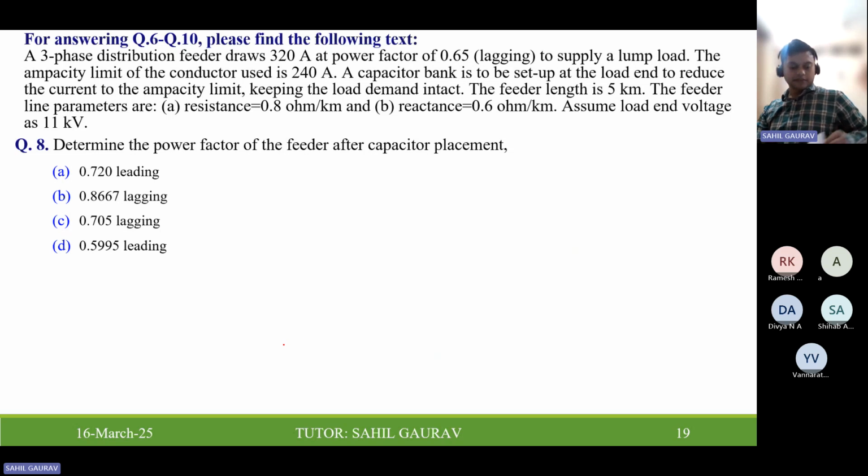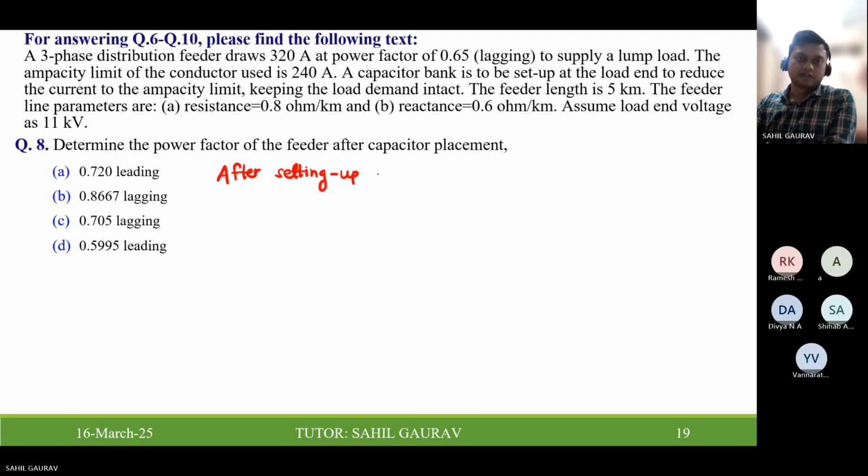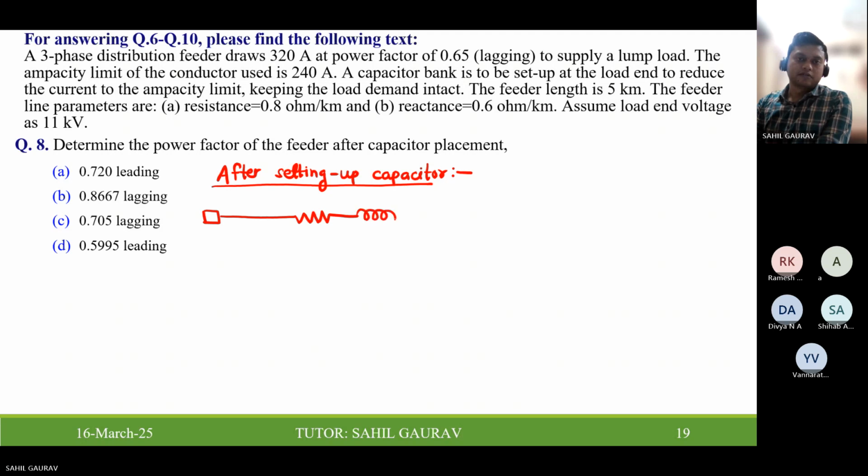And now you set the capacitor. Now after setting up capacitor, this reactive power flowing from the feeder is reduced.